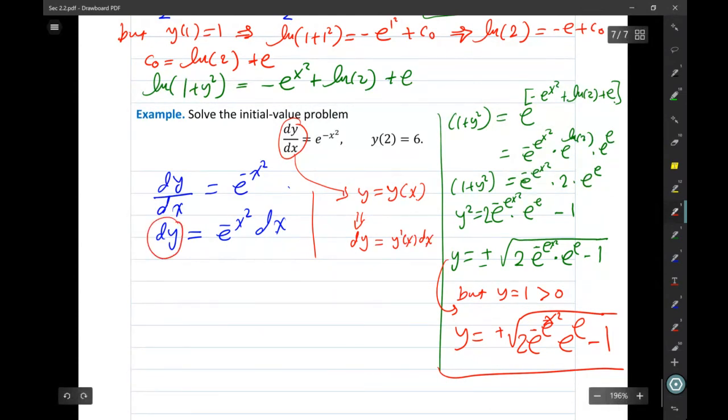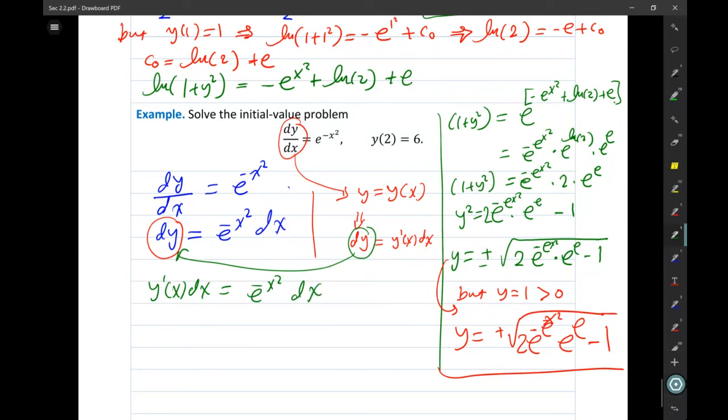So replace this dy: it becomes y prime of x times dx equals e to the power minus x squared times dx. Can you repeat why we did y prime? Stay with me a moment. dy by dx, y is a function of x, yeah?